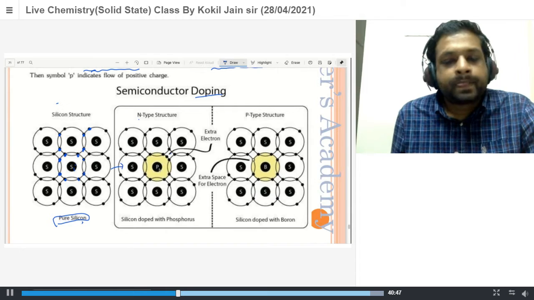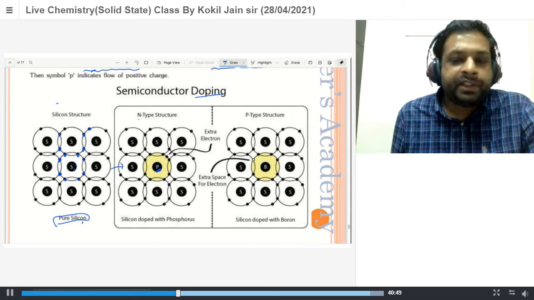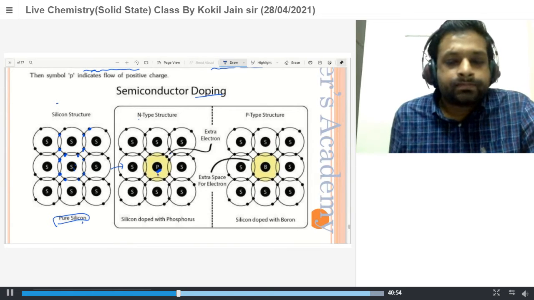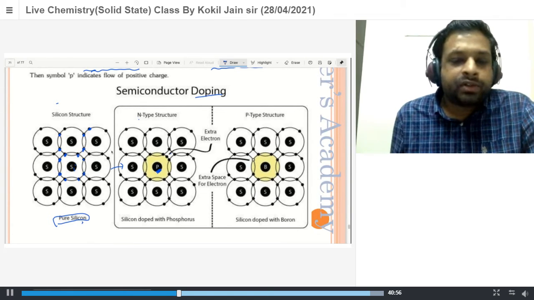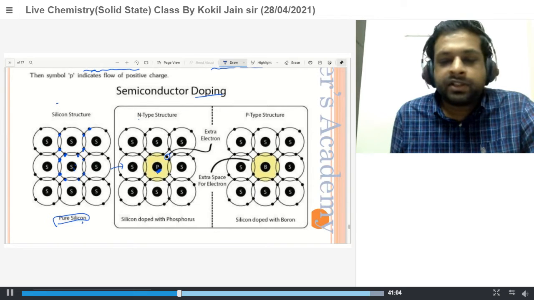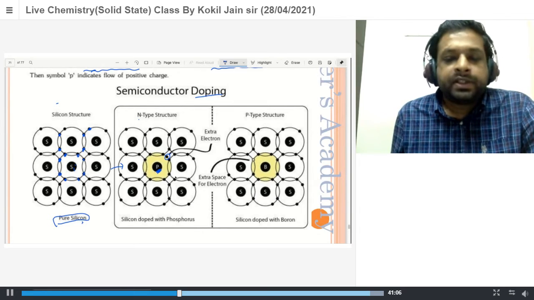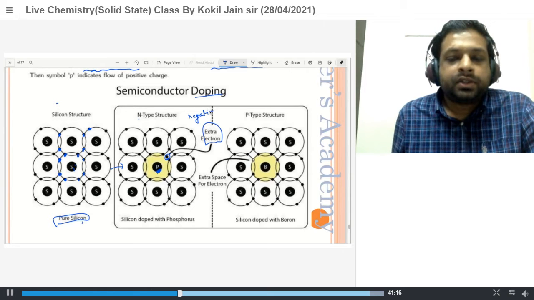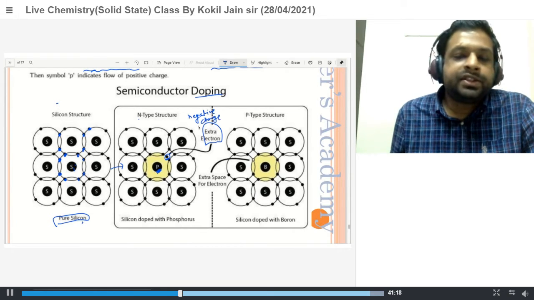Now, phosphorus is a group 15 element. What it is going to have is an extra electron in its outer orbit, which is not going to be shared with other silicon atoms here. This extra electron creates a negative charge in this crystal, and they start to conduct electricity.